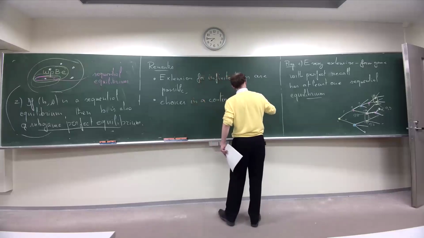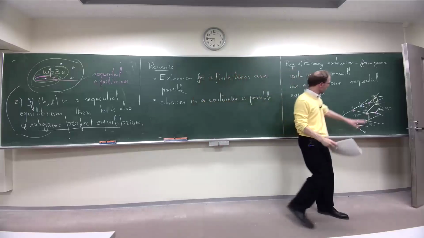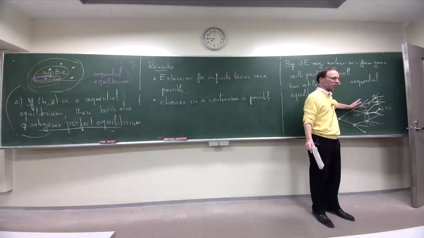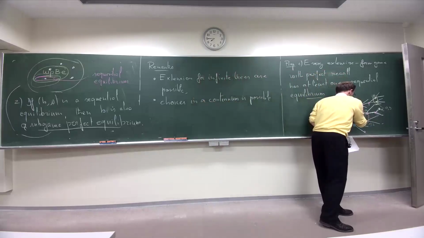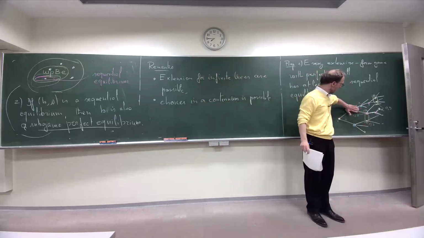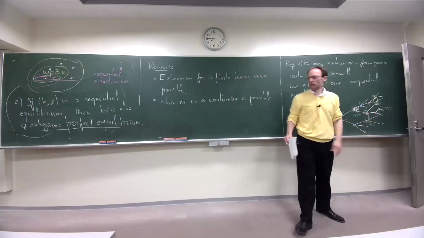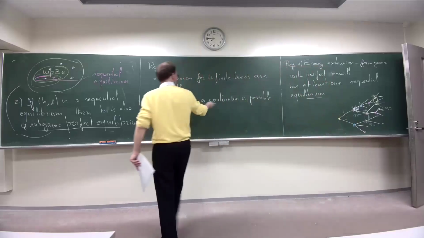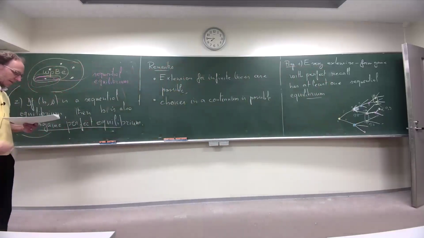What do I mean by this? Instead of choosing just two possibilities, you may have an infinite number, a continuum. There are also games where, for example, you choose a number between 0 and 100, so it's a continuum. So choices in a continuum is possible, but again, we do not look at this.